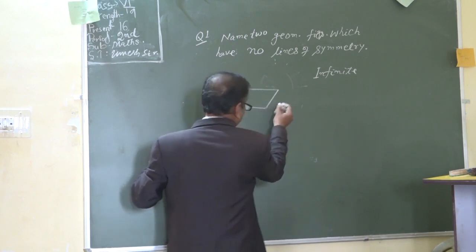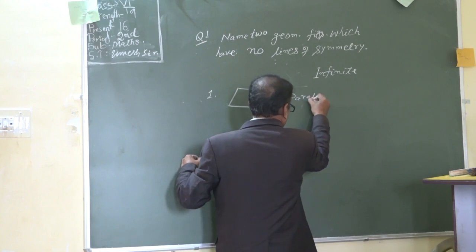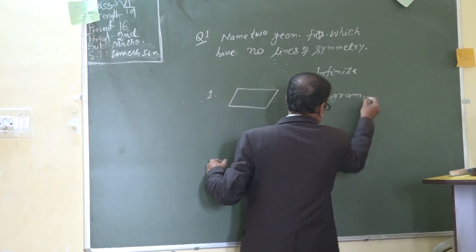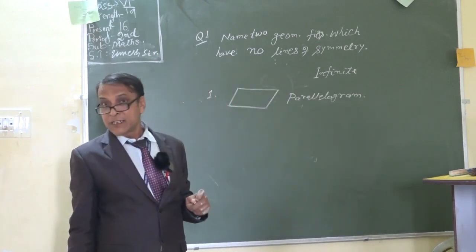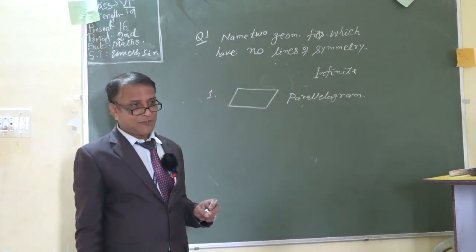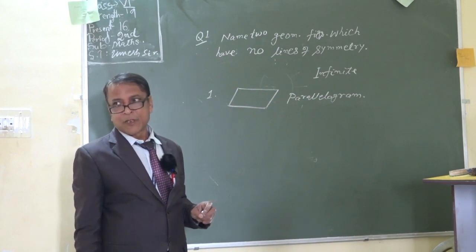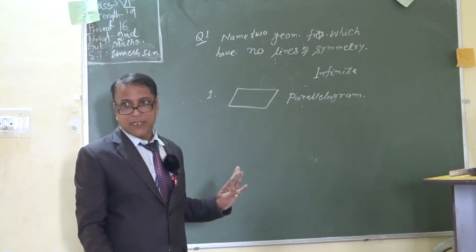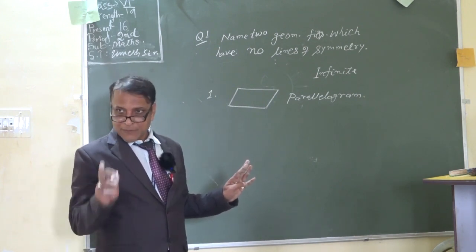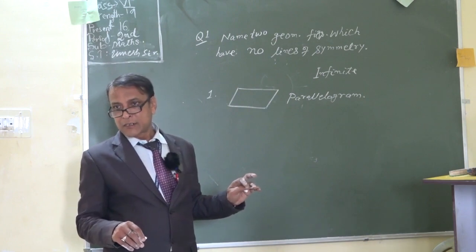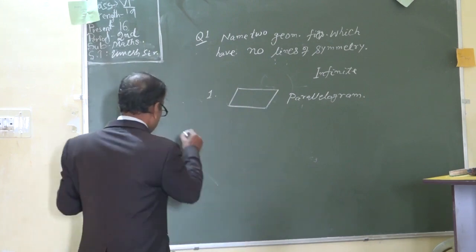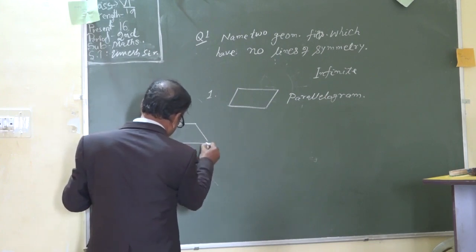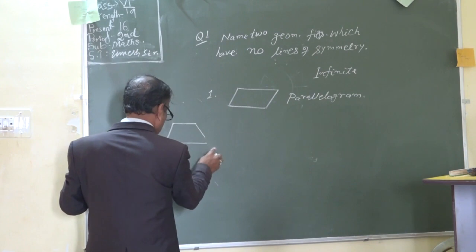So a parallelogram is one whose symmetrical lines we cannot draw. Another, rhombus? No, for a rhombus we can draw, the two diagonals. Then a trapezium, will it have one?